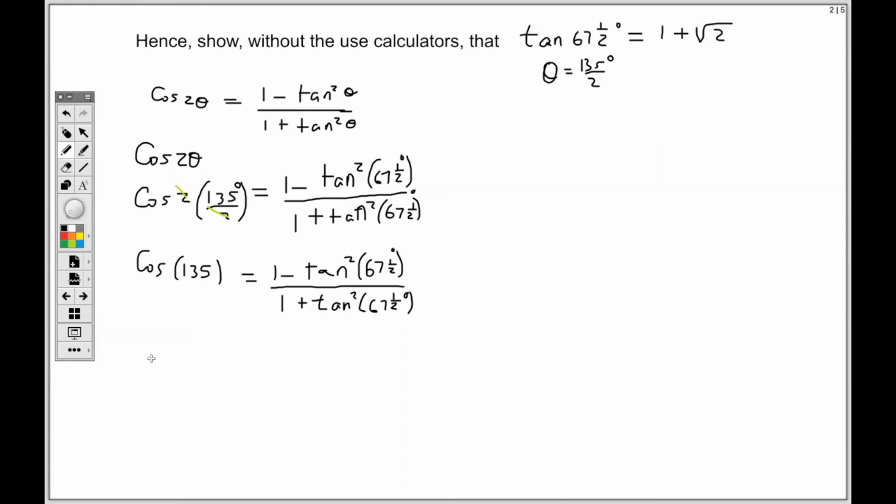Now, where I have cos 135 degrees, it's the same as minus 1 over root 2.